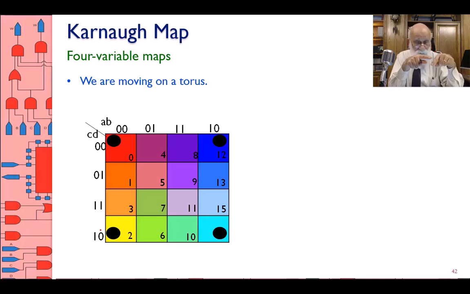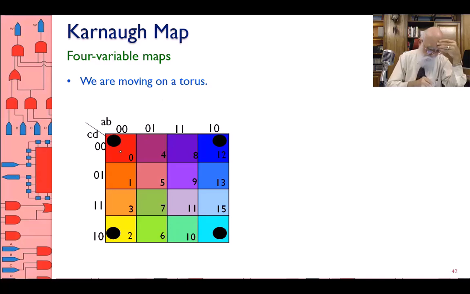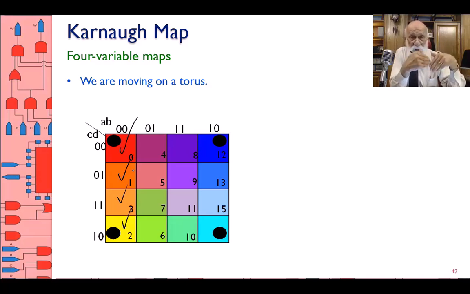The numbering goes 0, 1, then 2, 3. So when you reach the third column, you skip it, and then you come back to it. When you get to the third row, you skip it, you come back to it.